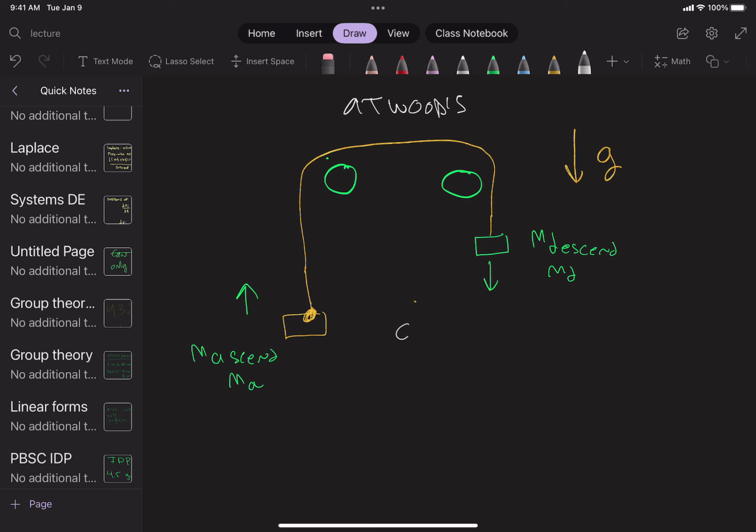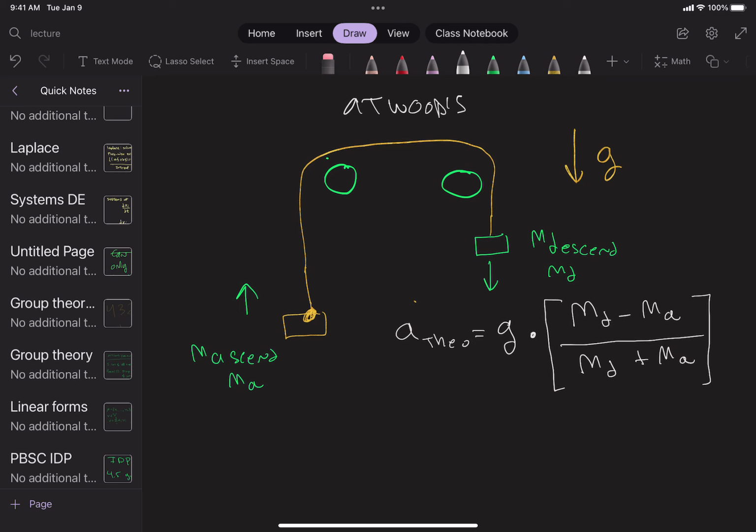The theoretical acceleration equals the gravitational acceleration g, multiplied by a factor. The factor is the difference between the two masses, the descending mass minus the ascending mass, divided by the descending mass plus the ascending mass.